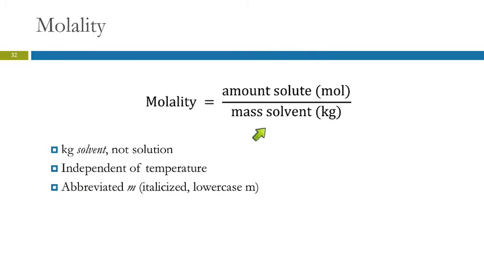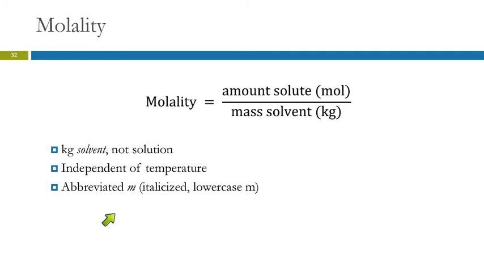This is quantity of solvent, measured in kilograms. The reason for kilograms is that if you're dealing with an aqueous solution, 1 liter of water would weigh 1 kilogram. And so it's going to give you similar sizes of numbers. So important, kilogram of solvent. This is independent of temperature because the mass of the solvent doesn't change with temperature.